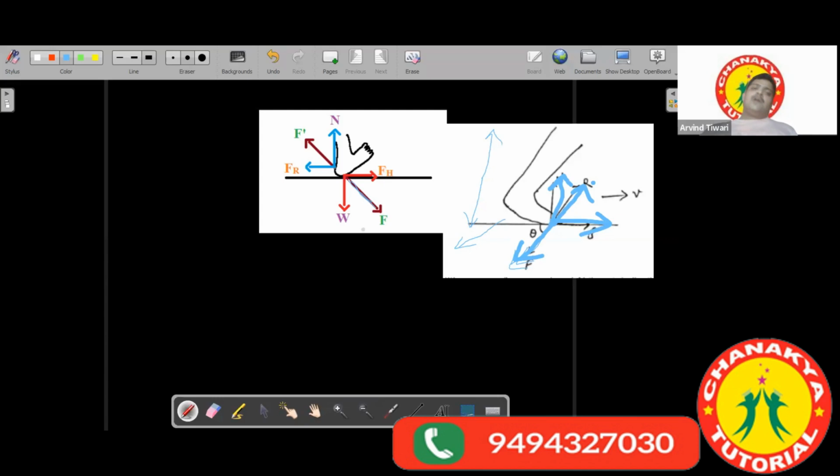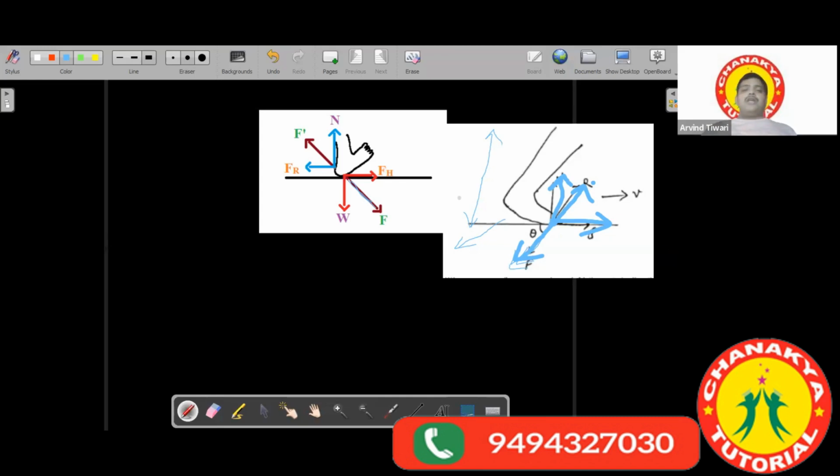It is friction which opposes the slipping of our feet. So can I say that friction is necessary for walking? Yes, sir. Yes, I can say that friction is necessary for walking. The reason being, without friction, if I try to walk, my legs will slip, and hence I won't be able to move.